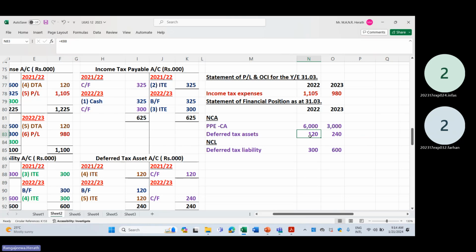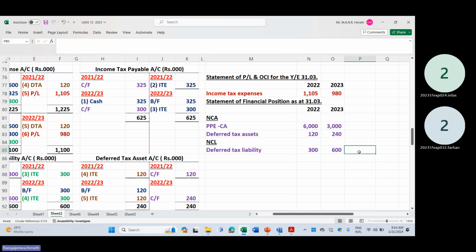So the creation of the deferred tax, now here you have the 600. Next year it can reduce to 450. If it is reduced to 450, then deferred tax liability debit, income tax expense credit. So it's very simple.